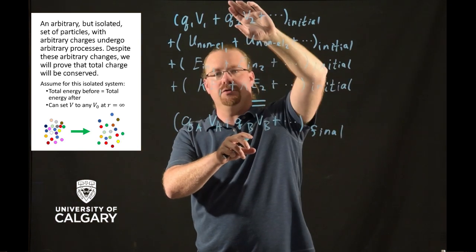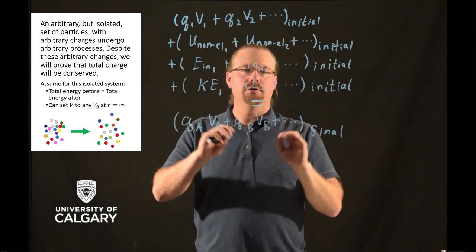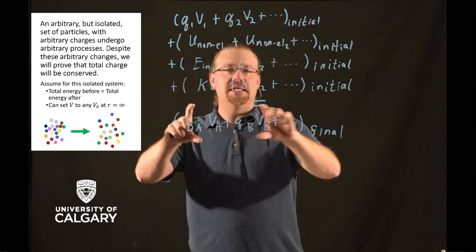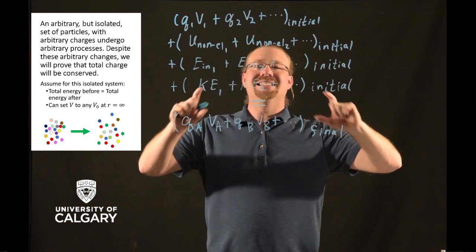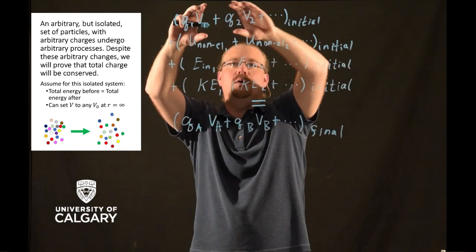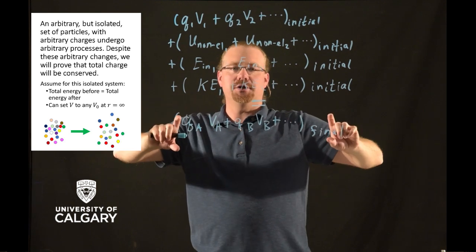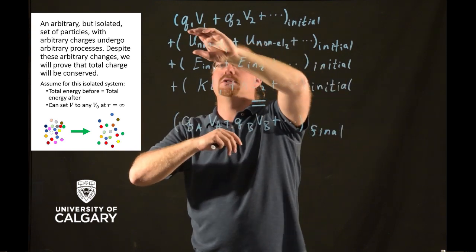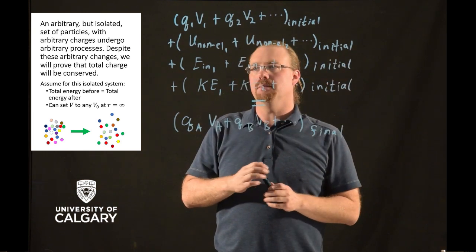QB, VB, which is different from Q2, V2, or Q1, V1. These are all different, but this is now our final electric potential energy, and of course our final electric potential energy is not necessarily the same as our initial electric potential energy, because our final electric potential energy could have had some sloshing back and forth of the energy from these different bins.